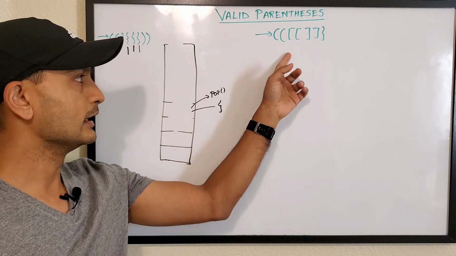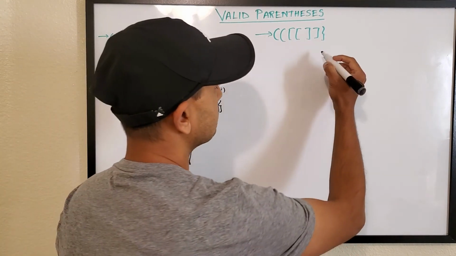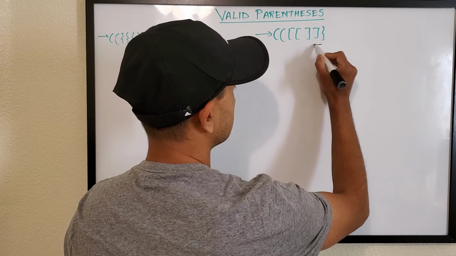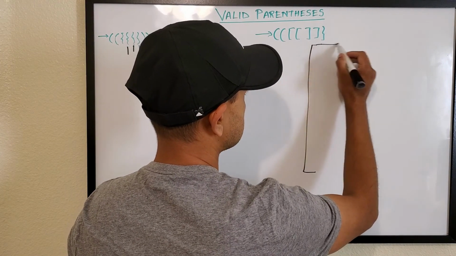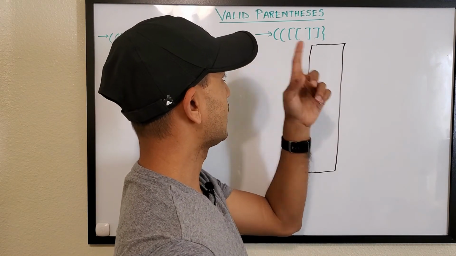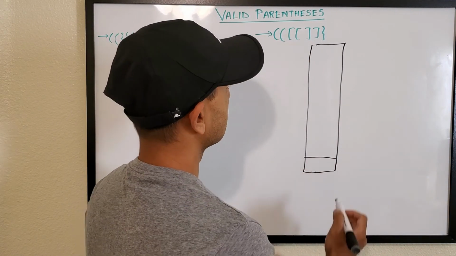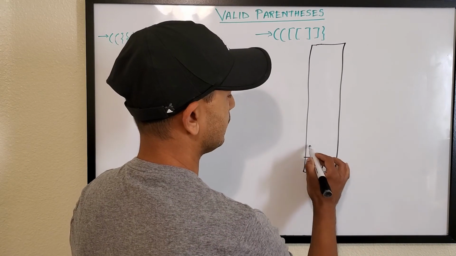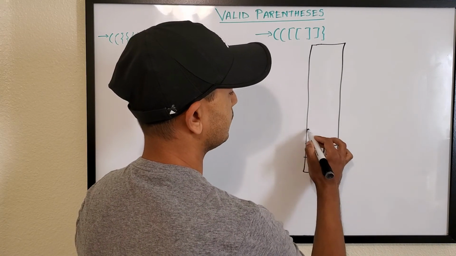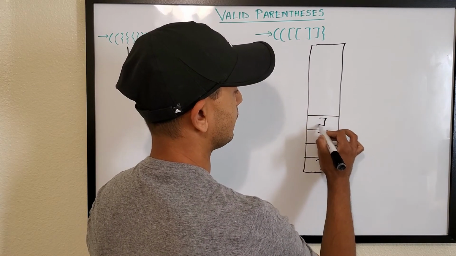So let's look at an invalid example and then we'll understand more. Similarly, let's draw a stack. Now we have opening bracket, opening bracket, opening square bracket, opening square bracket. So our stack would become closing bracket, closing bracket, closing square bracket, closing square bracket.